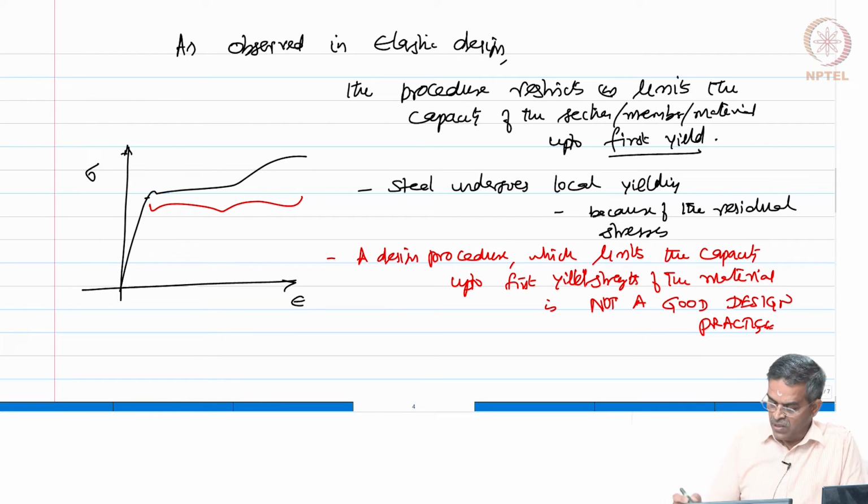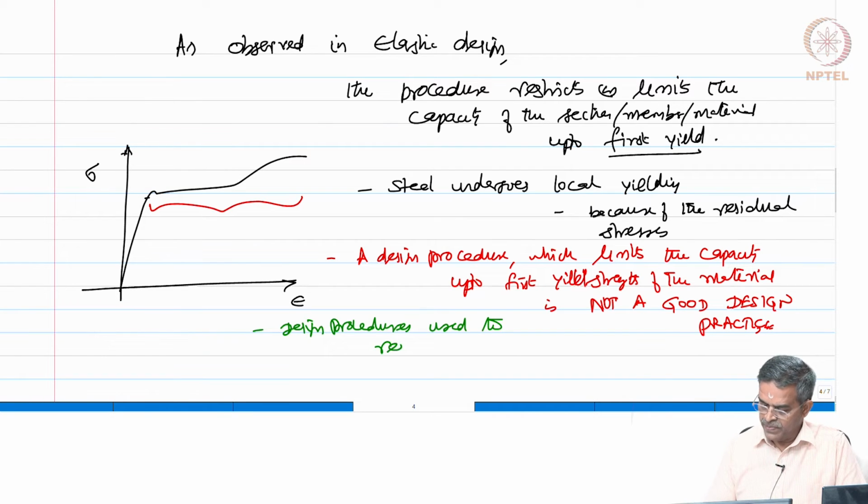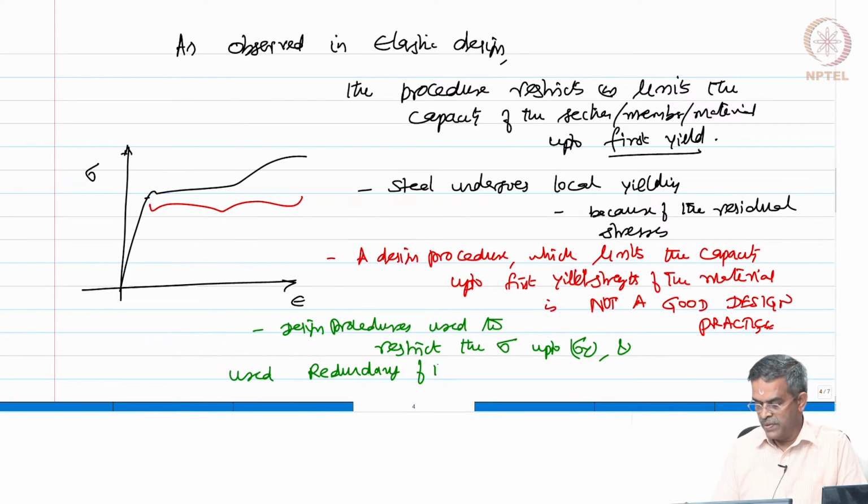The design procedures used to restrict the strength up to yield and used the redundancy of the geometry as reserve energy.